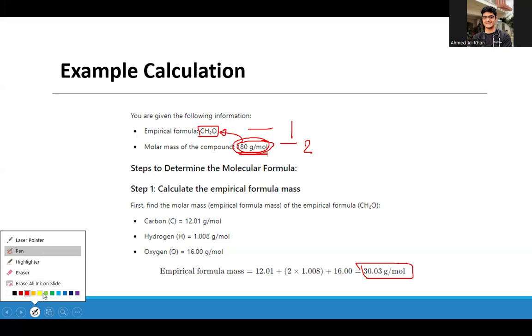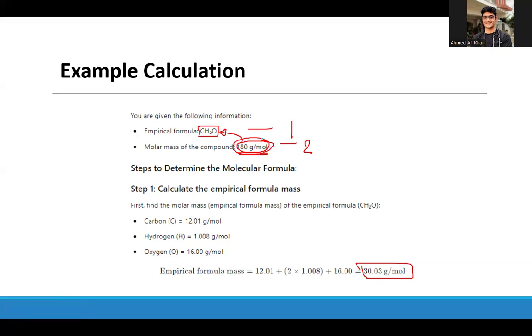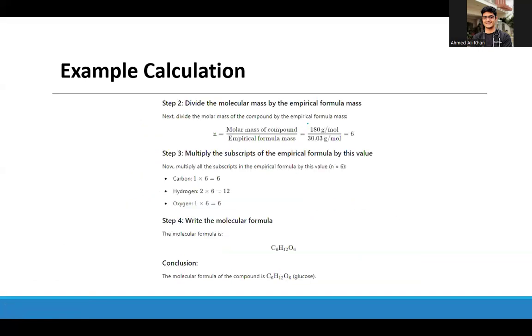You'll use these two to calculate the factor with which you will multiply the empirical formula to get the molecular formula. Just divide the 180 grams per mole by the empirical formula mass, and 180 divided by 30 gives you 6. So you multiply this 6 by the number of atoms in the empirical formula.